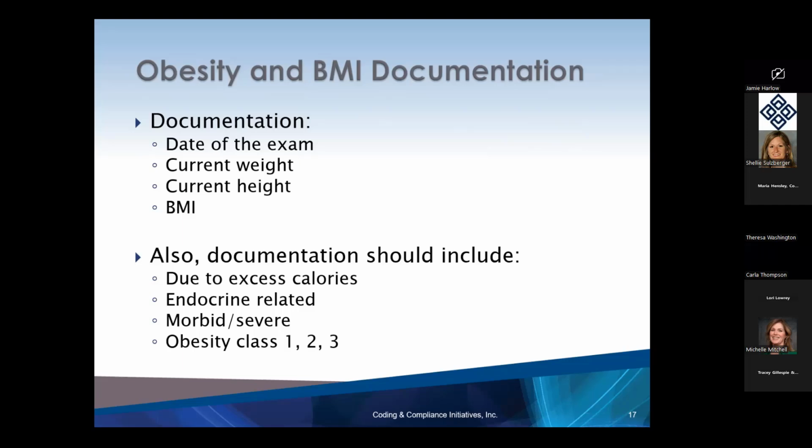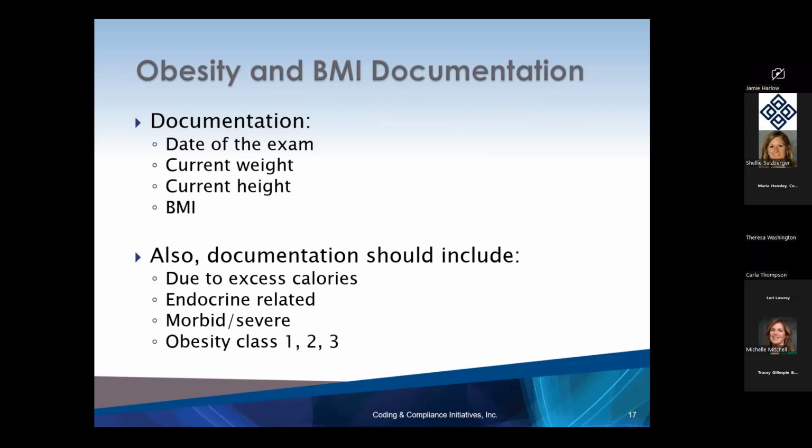There's not really any detail of a plan. A lot of EMRs automatically have a little blurb in there, nutrition and diet discussed with patient. As a reader, that doesn't tell us anything. And when it's on every single patient, it's really hard to determine if that work was actually done. So when you are documenting and coding and billing for obesity and BMI, make sure it's clear.